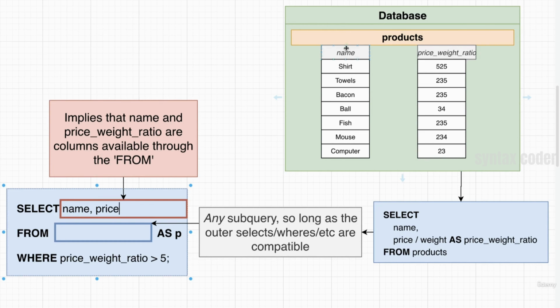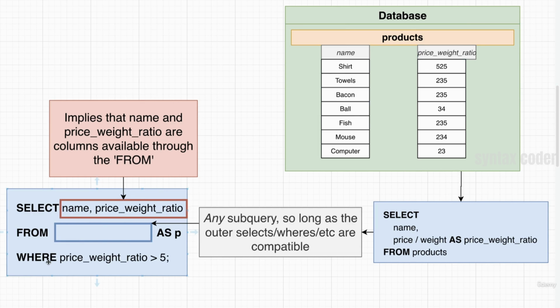The result of the subquery is just the two columns you see right here. If we ask for a column price, we're going to get an error because that column does not exist. Likewise, if we tried to put in just weight, we would also get an error because in the result of our subquery, there is no weight column. The only columns we have access to are name and price to weight ratio.